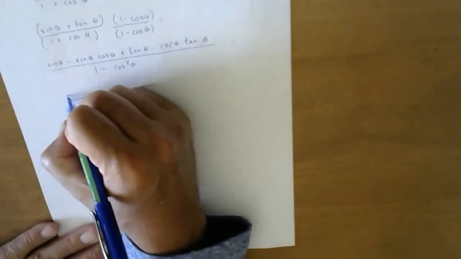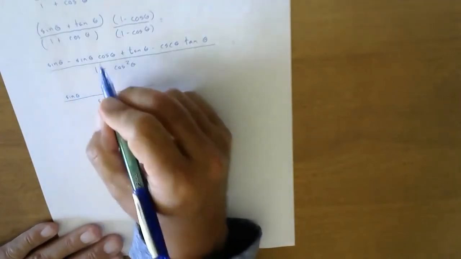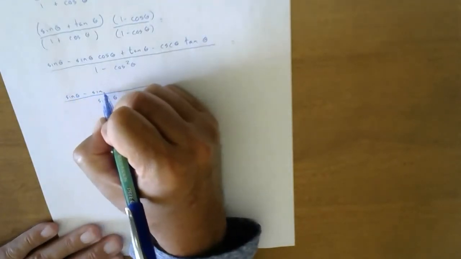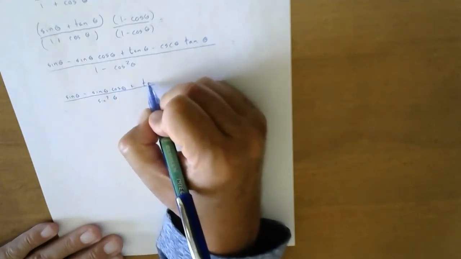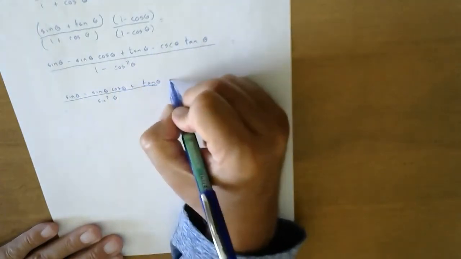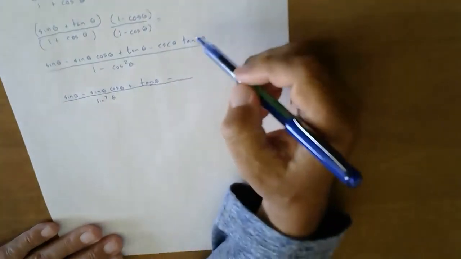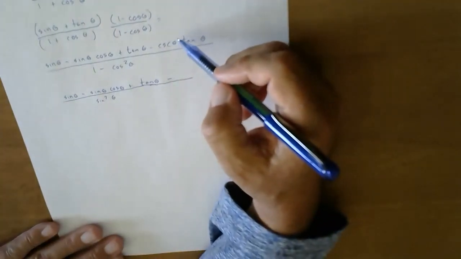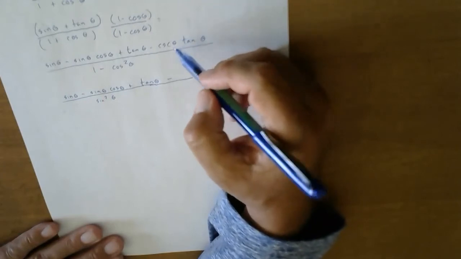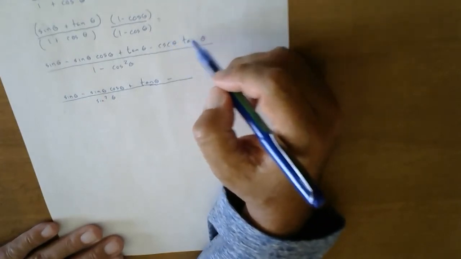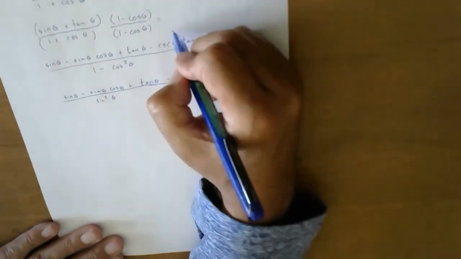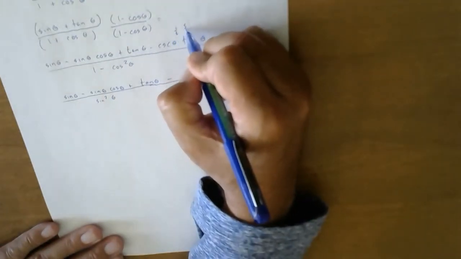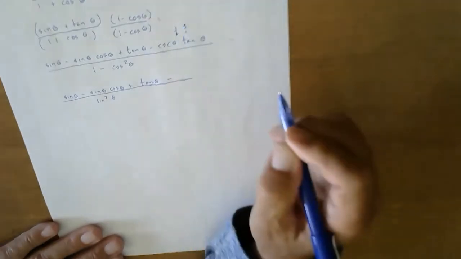In the numerator, I have the sine of theta minus sine of theta cosine of theta plus tangent of theta minus, okay, so the cosecant is the same as 1 over the sine. The tangent is the same as sine over cosine. So I have 1 over sine and sine over cosine. They cancel out.